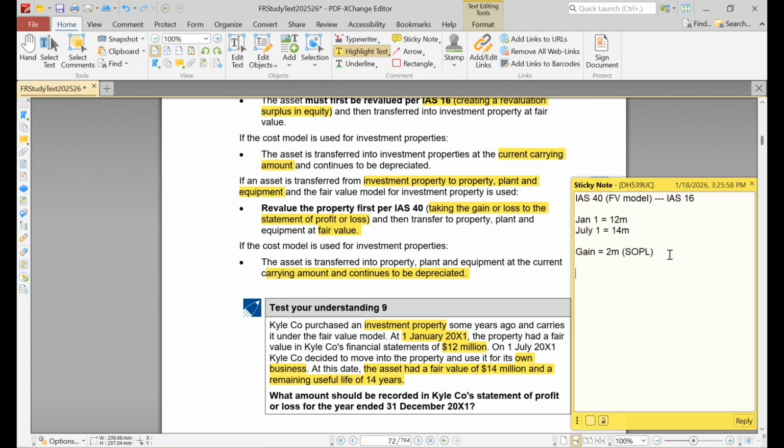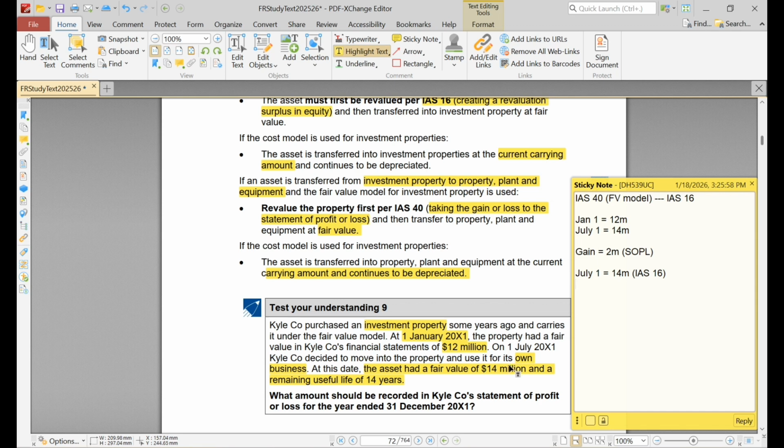We need to find out what would be recorded in SOPL by 31st December. So on July 1st, it has been transferred to IAS 16, and you would need to charge depreciation for the remaining months. So depreciation for the remaining 6 months: on July 1st, it has been valued at 14 million and now it is IAS 16.